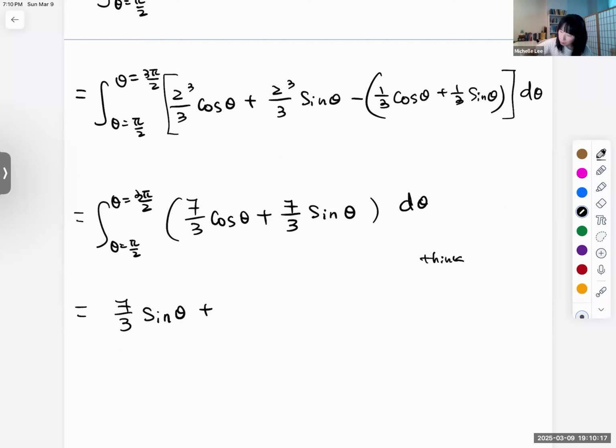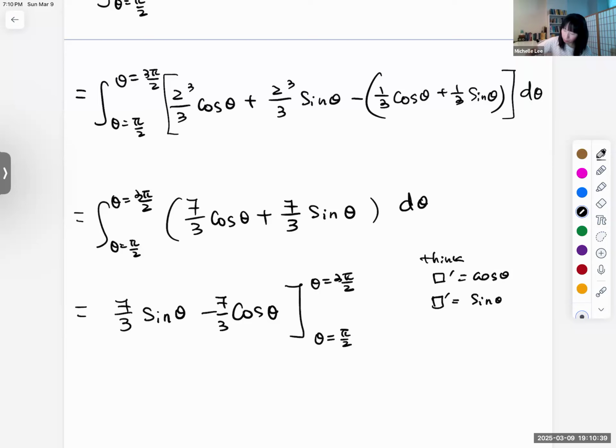Because think, the integral of sine theta, yeah, so that is negative 7/3 cosine theta. We want to evaluate pi over 2 to 3 pi over 2.